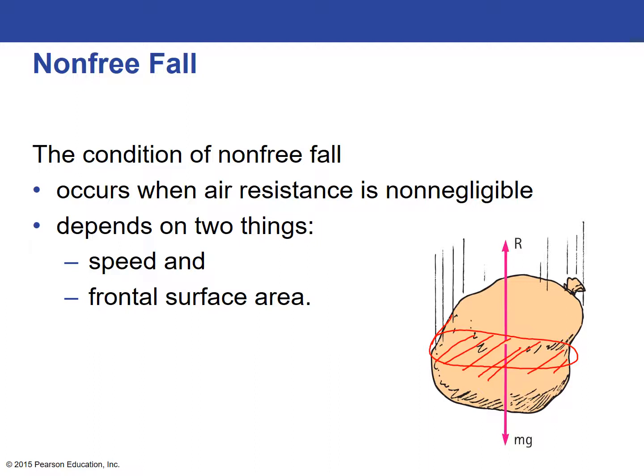If it is big enough, then there's enough going on for air resistance to be taken into account. The other thing that matters is the object's speed, and that influences the magnitude of air resistance that we see.